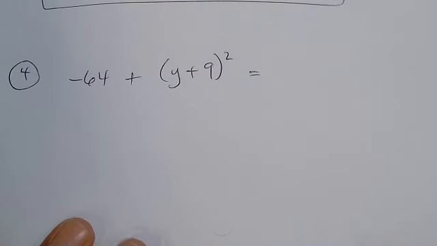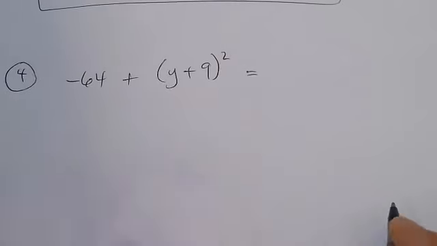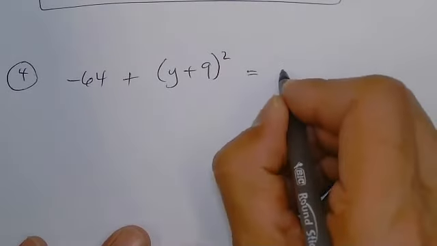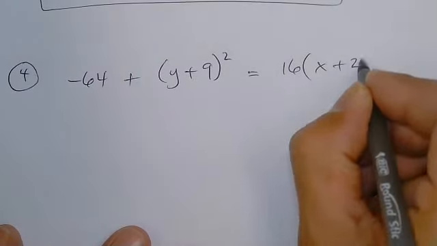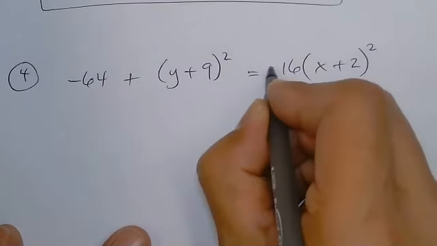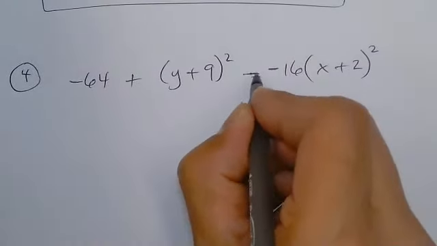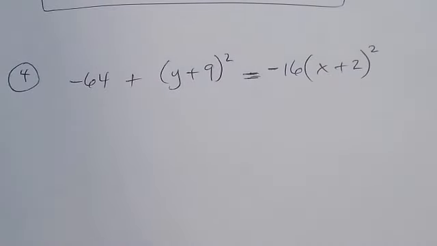Oh, that's nice. Negative 64 plus y plus 9 squared is equal to negative 16 times x plus 2 squared.